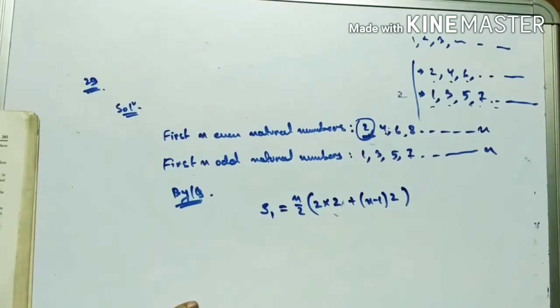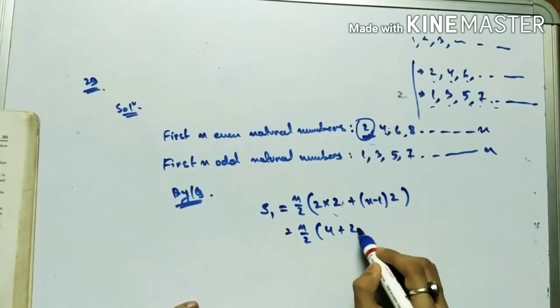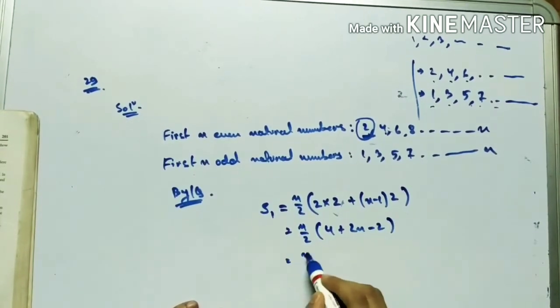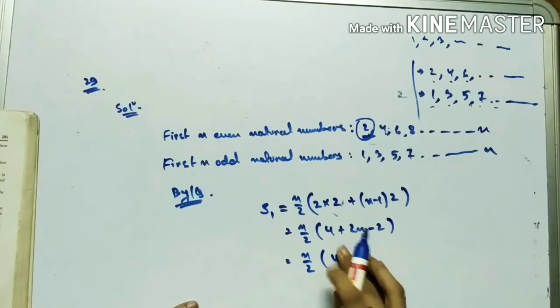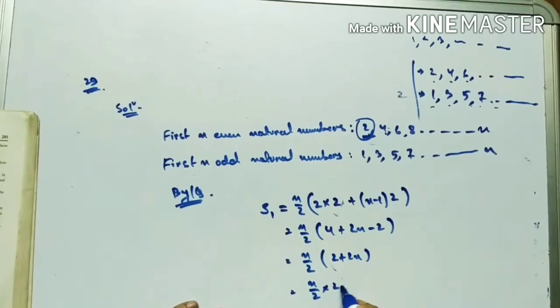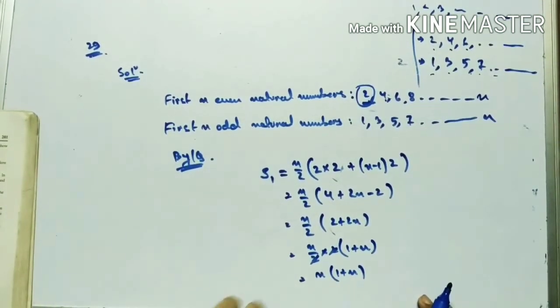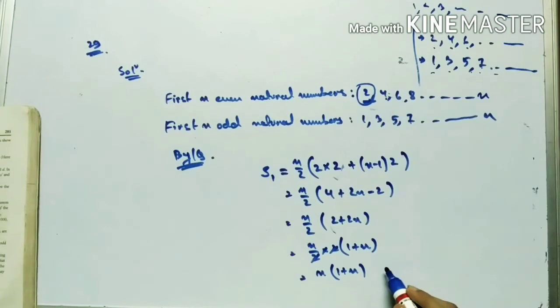Understand? So this becomes n by 2 [4 plus 2n minus 2], so ultimately n by 2 [2 plus 2n]. Taking 2 common, n by 2 into 2(1 plus n), the 2 cancels, and I get n(1 plus n). So S1 is equal to n(1 plus n).